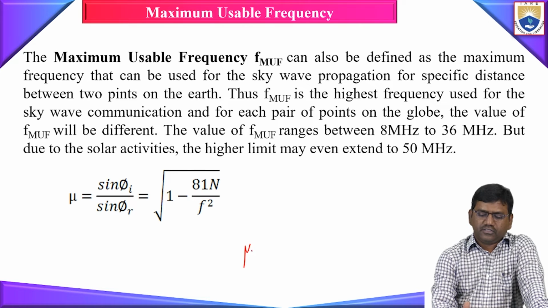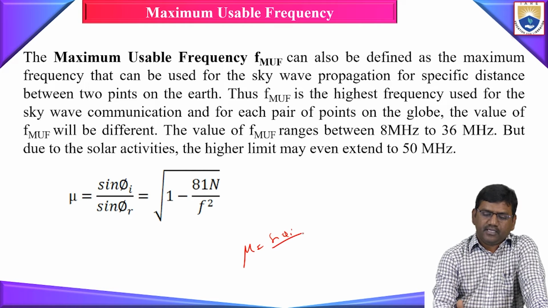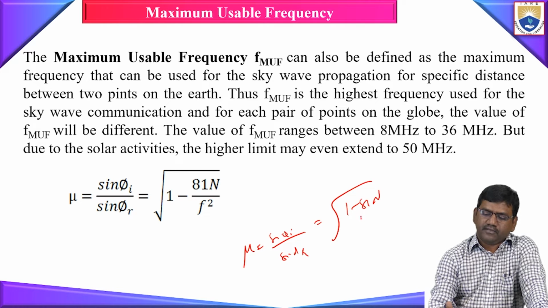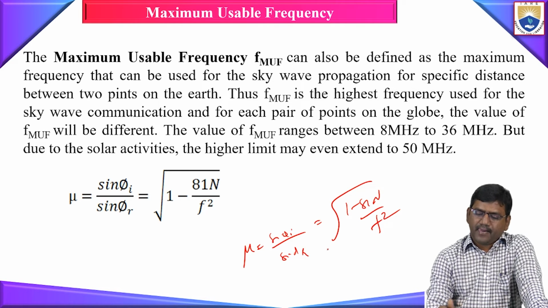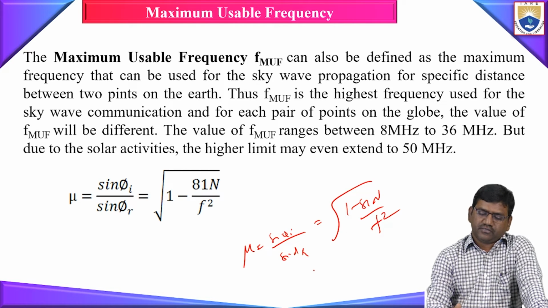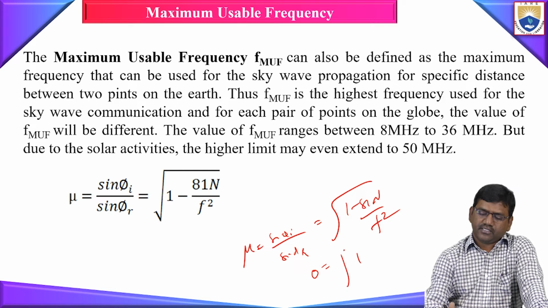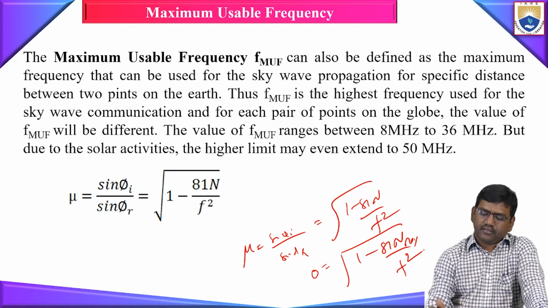We know that mu is equal to sin theta i by sin theta r. This is Snell's law. This is root of 1 minus 81 N by f square. For the critical frequency, we can write theta i is 0. So 0 is equal to root of 1 minus 81 N max by f square.